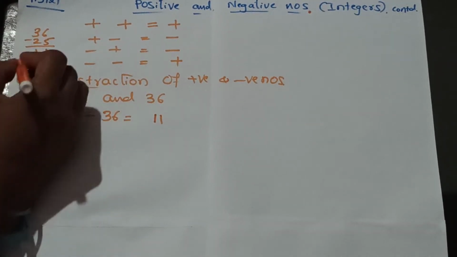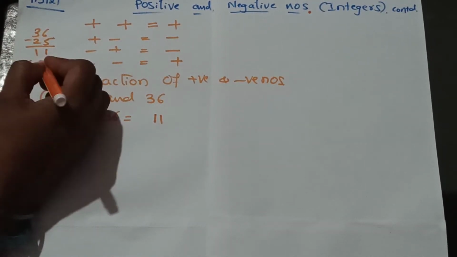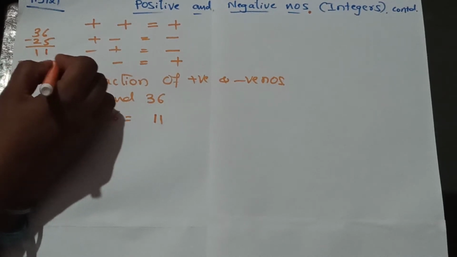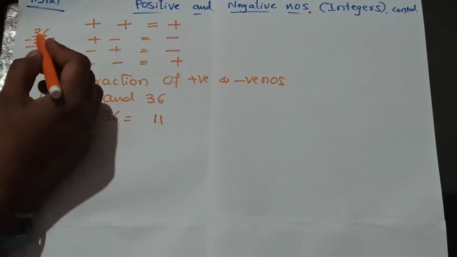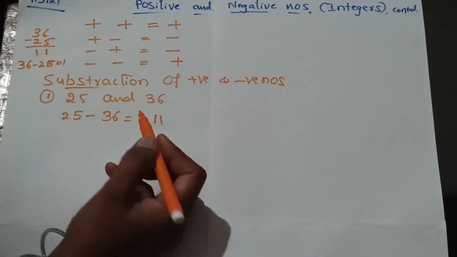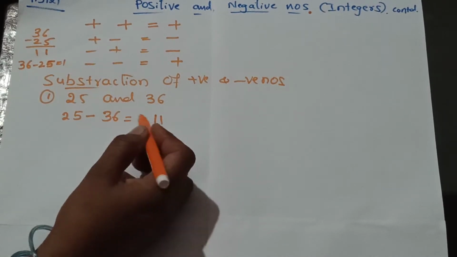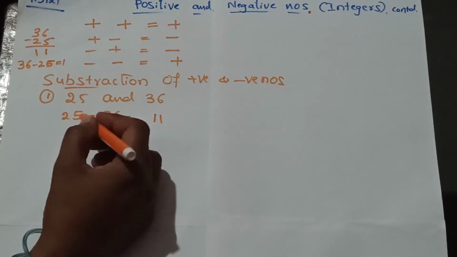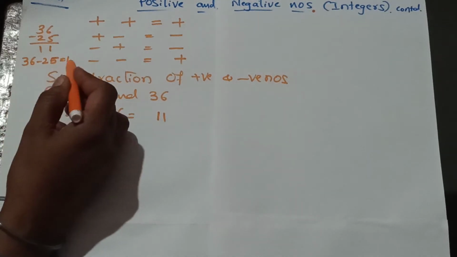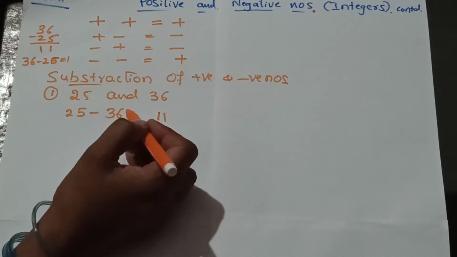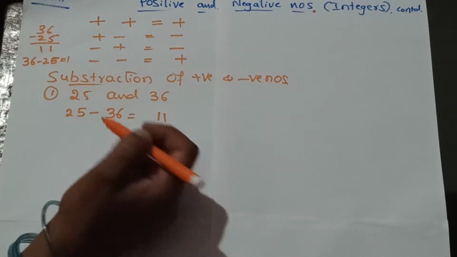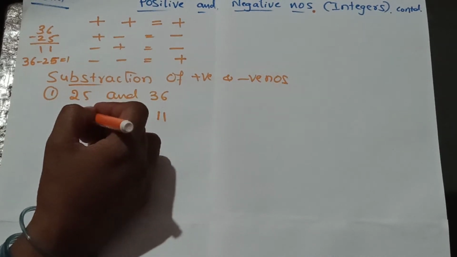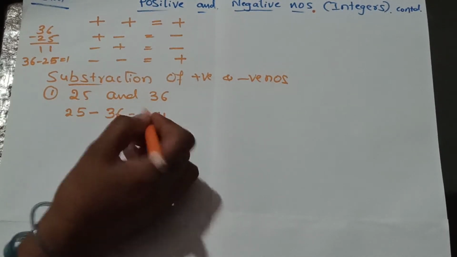But 36 minus 25 is 11, while 25 minus 36 cannot be called 11. This is where people often get confused. So I am going to write here 25 minus 36 is equal to minus 11.